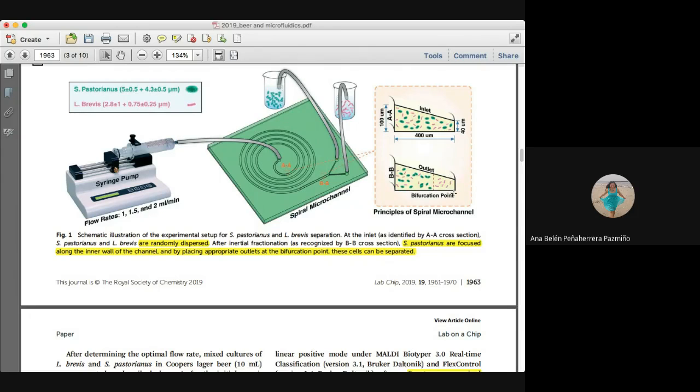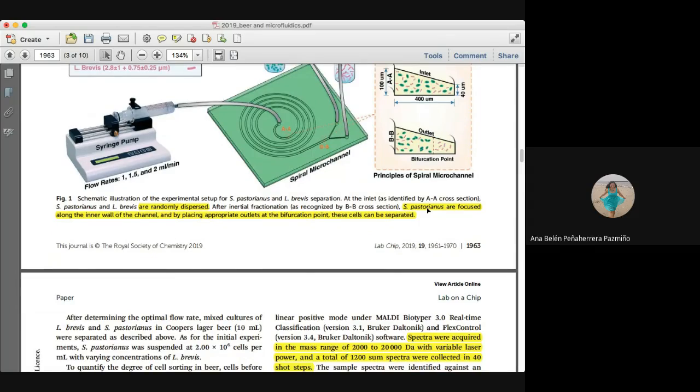So they are going to be located close to the outer wall. And that's how they separate the bacteria from the yeast.